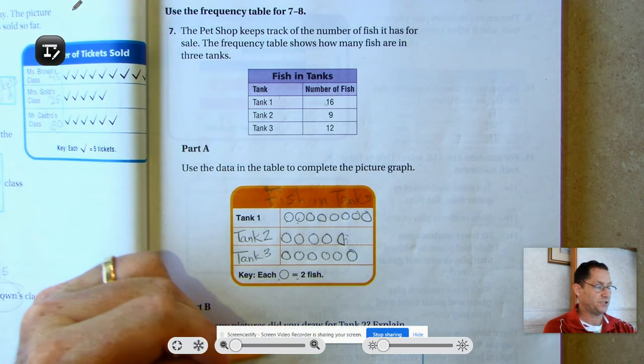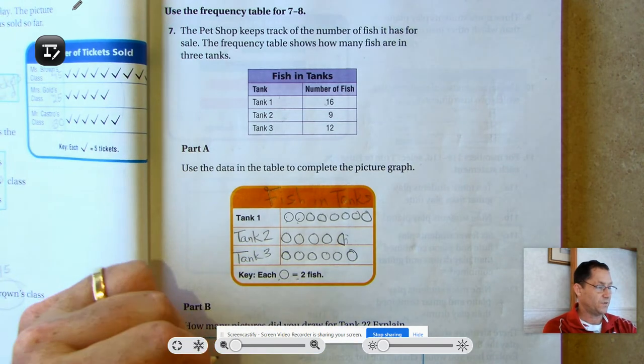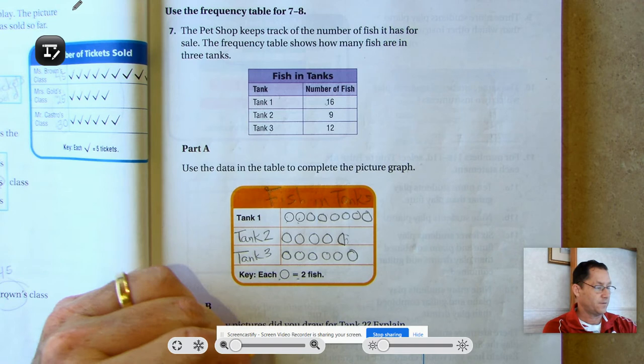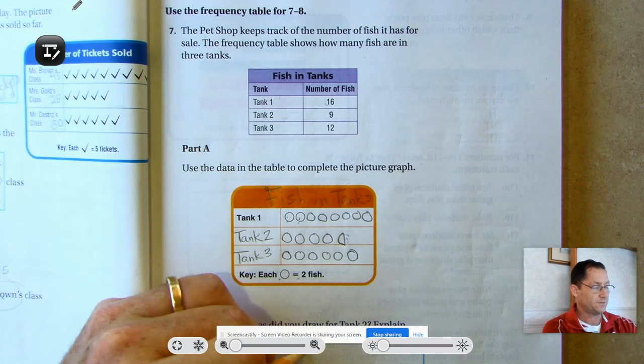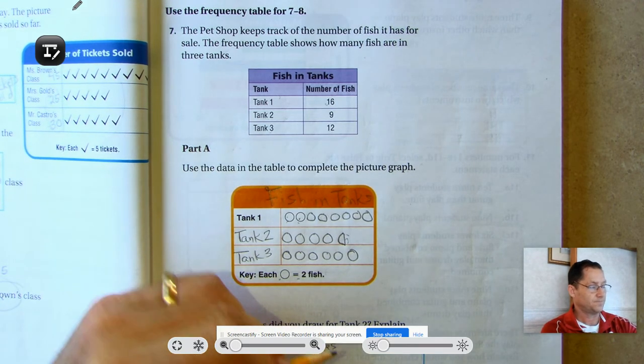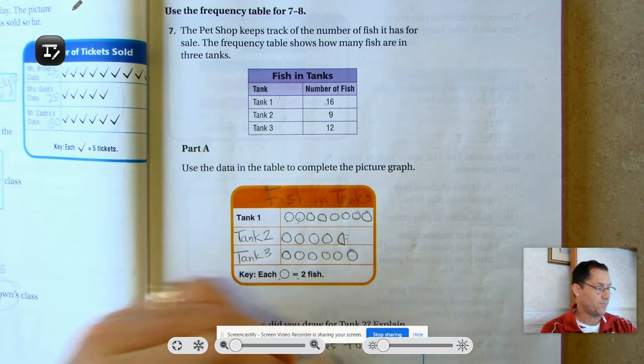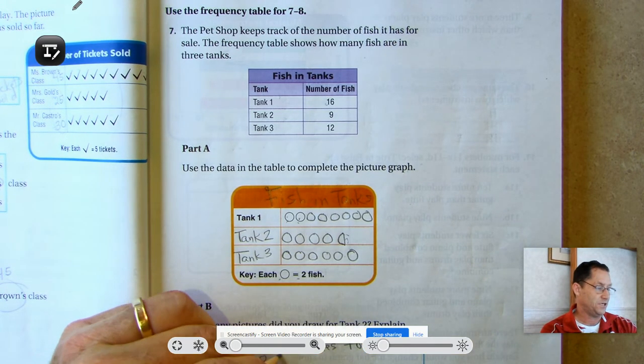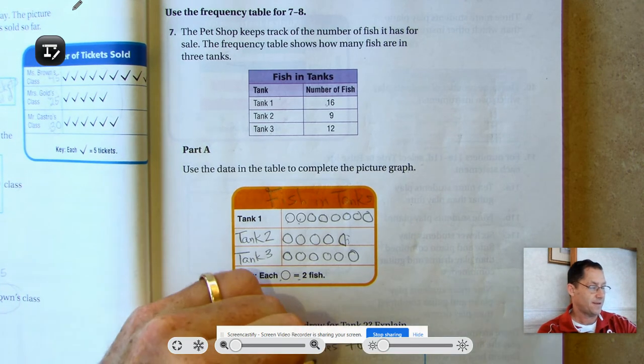How many pictures did you draw for tank 2?